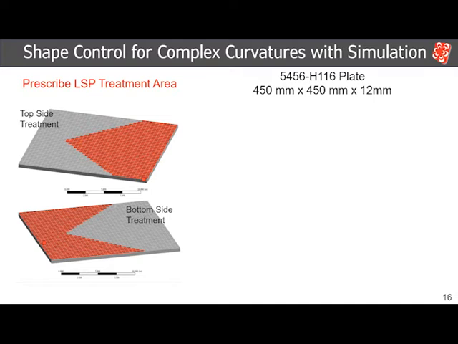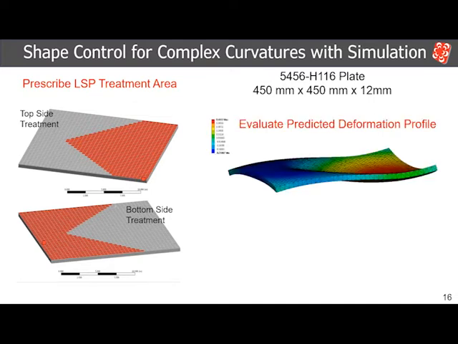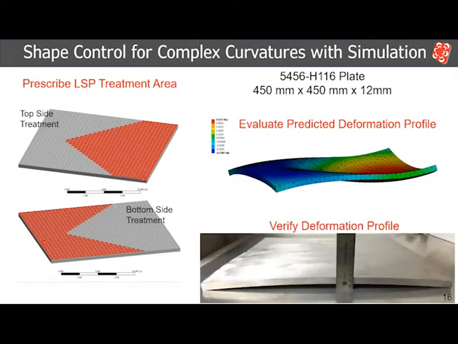The gray area is just your untreated material. So in this case, we have a 5000 series aluminum plate. It's about 12 millimeters thick, and we prescribe a treatment on the top and bottom. We then evaluate what the predicted deformation profile looks like for this selected LSP treatment, and then we can verify that deformation profile through actual physical processing.